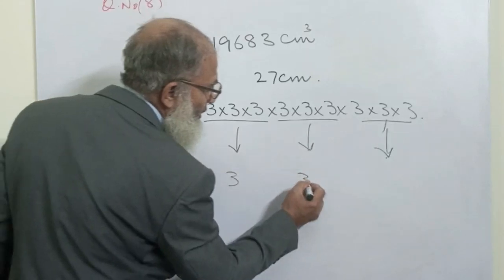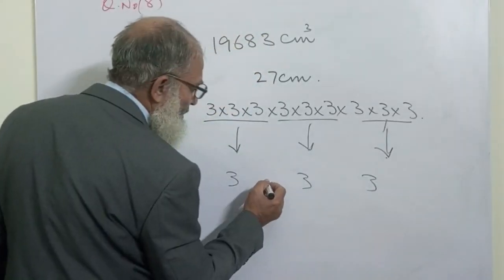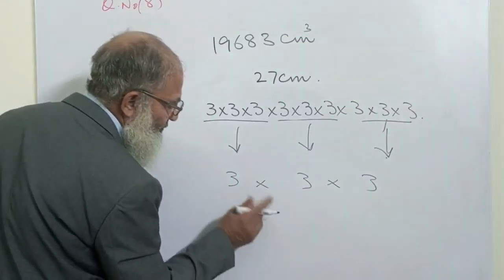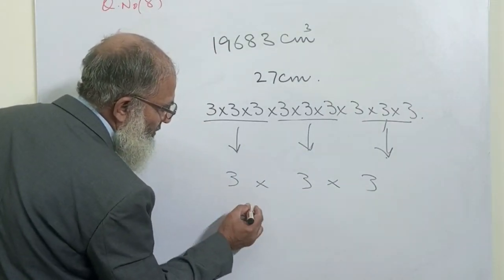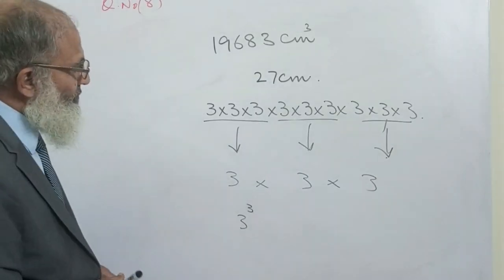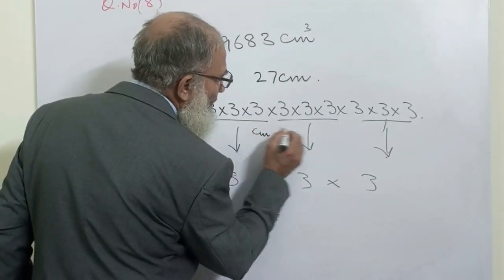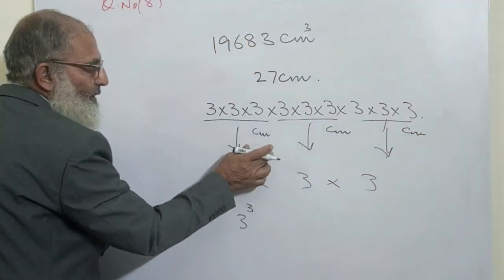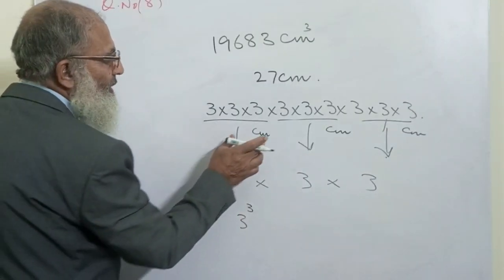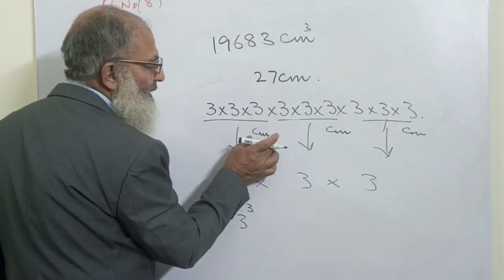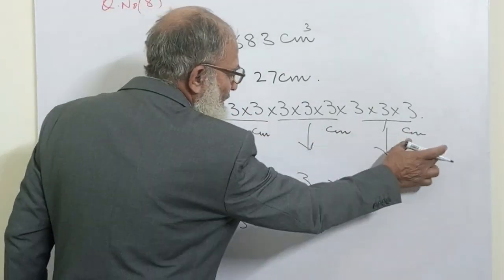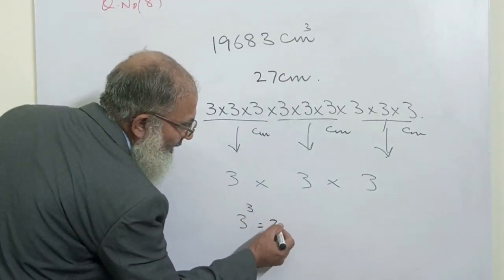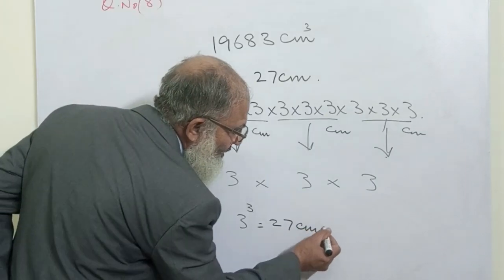So it becomes 3, 3, 3. Each is 1 centimeter. This is again centimeter. You don't have to write these over here; it is just to understand. So what we do is we write 27 centimeter.